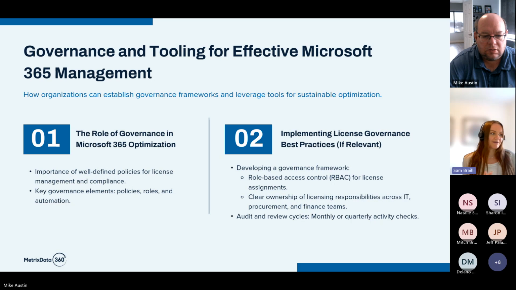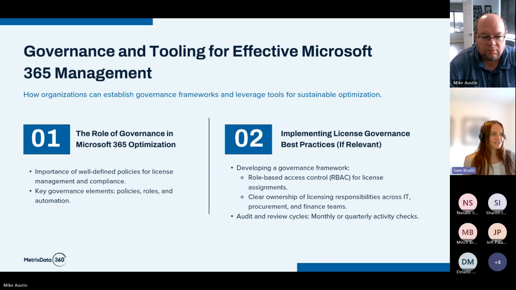So today I'm going to be building on the knowledge that Mike has just shared. I'll be speaking about the core elements for effective governance frameworks. We've got best practices, how this also relates to FinOps, because usually FinOps is more about cloud optimization, but there are learnings we can take to apply to the M365 estate as well. And then I'll be giving you a demonstration of a tool called Rencore, which allows you to take action on your M365 governance.